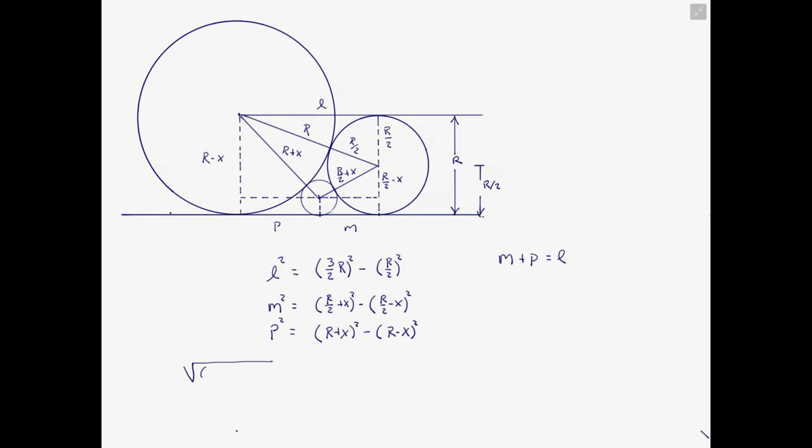So it's just a matter of taking the square roots of those quadratic representations, and so I have M and P, and that equals L.